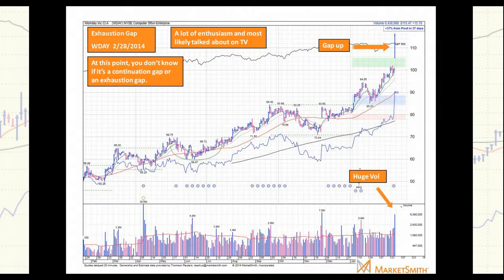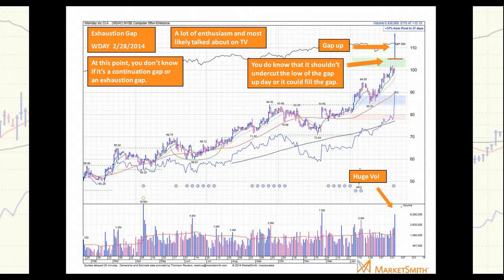You just know it's gapping up, there's a lot of enthusiasm, and usually when there's enthusiasm to the upside, it probably needs some kind of rest. So the one thing I know is that it should not undercut this low. That's all you know, so you know where your exit strategy is. Say you bought Workday out of this base right here. Now you're up big on it, and it's gapping up.